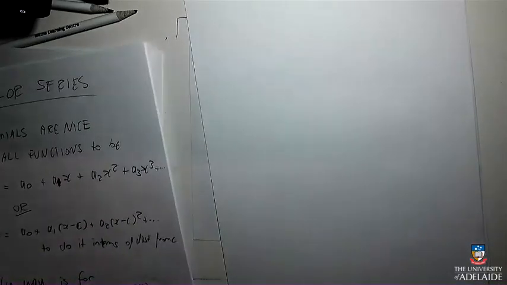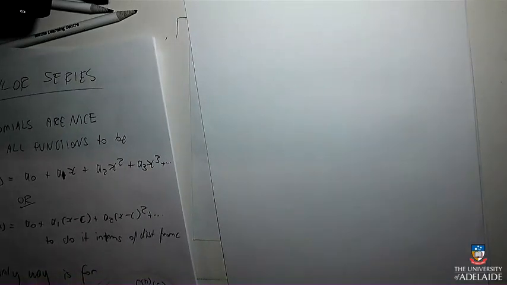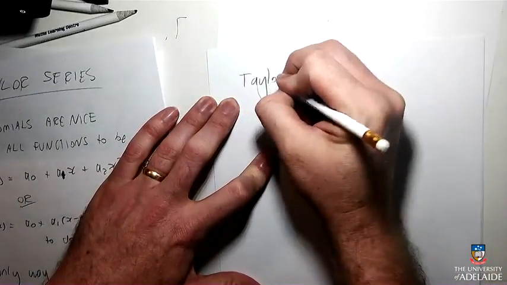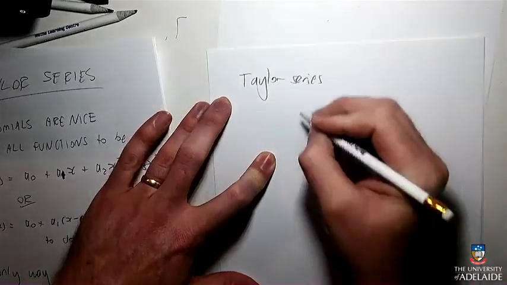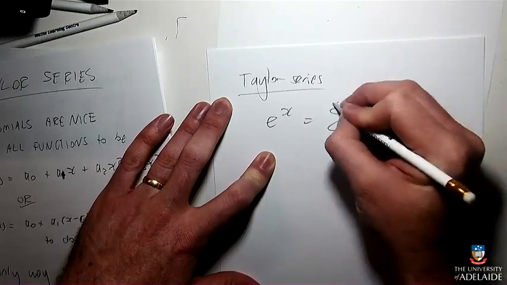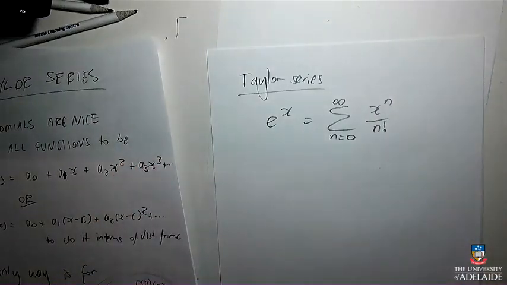Oh, except one thing. There are 4 Taylor series, sorry, that you're supposed to be able to know off the top of your head without having to do any of the derivatives. e to the x is the sum from n equals 0 to infinity of x to the n over n factorial, no matter what x is.